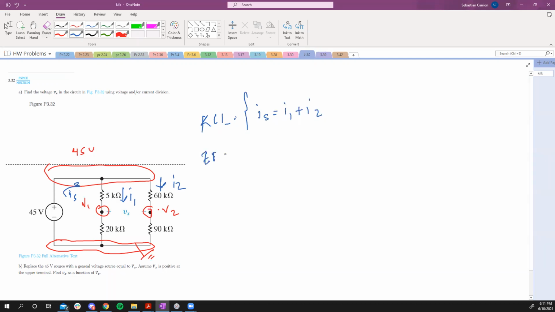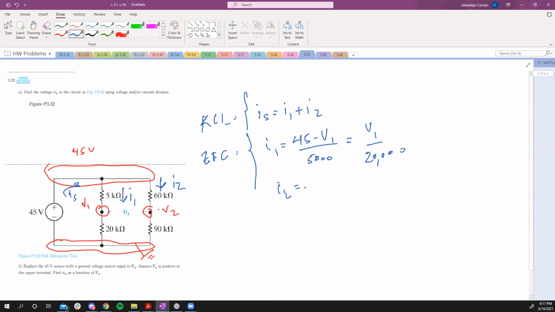And then our equations for components: we have two equations for I1, the first one is 45 minus V1 over 5,000, which is also equal to V1 over 20,000.